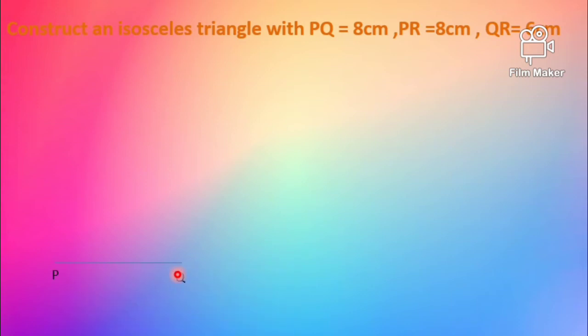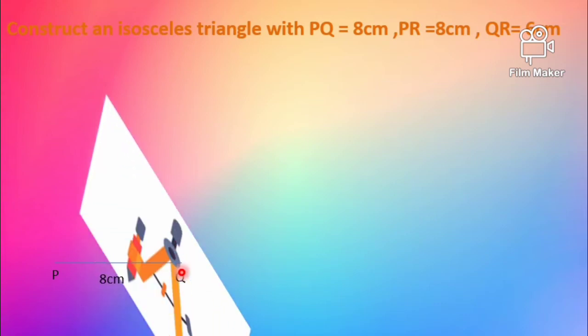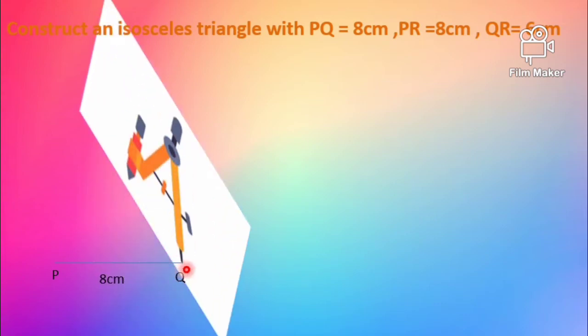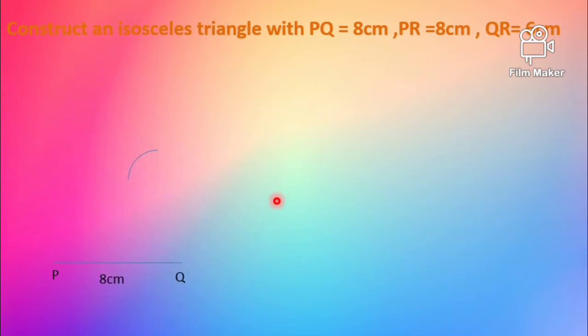Now again we will use the compass, then Q as a center, draw an arc of 6 centimeter because we have to draw QR. So Q as a center, we will open the compass at 6 centimeter, then draw an arc of 6 centimeter.